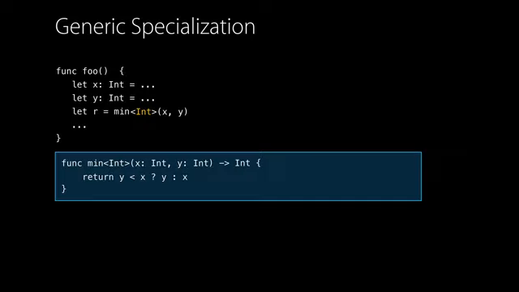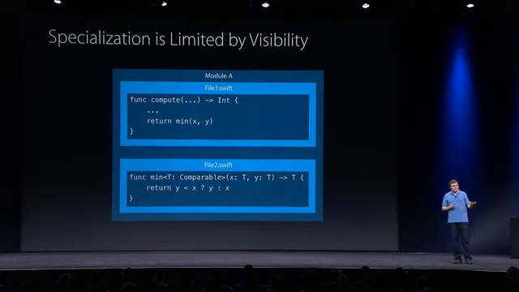While generic specialization is a very powerful optimization, it does have one limitation, namely the visibility of the generic definition. For instance, in this case, the generic definition of the min_t function. Here we have a function compute, which calls the generic min_t function with 2 integers. In this case, can we perform generic specialization?